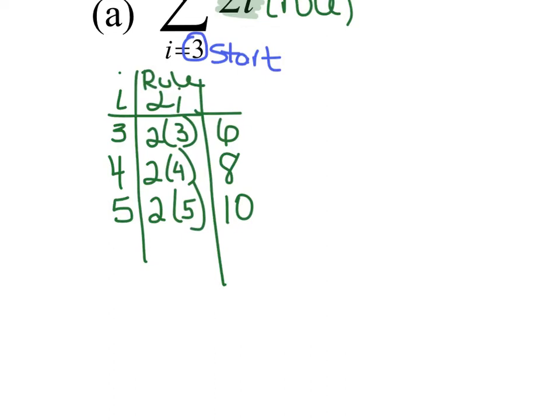Sigma means summation or adding. So I am going to take the numbers that I now have: 6 plus 8 plus 10, and that equals 24. So the answer is 24.